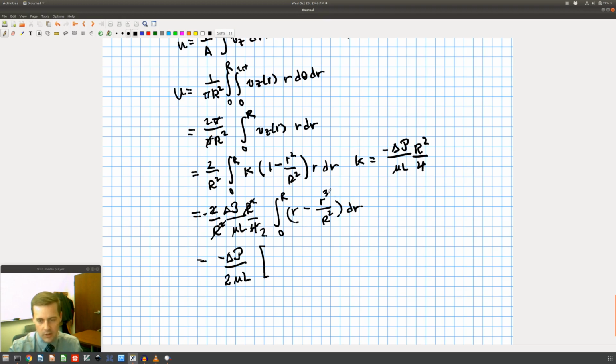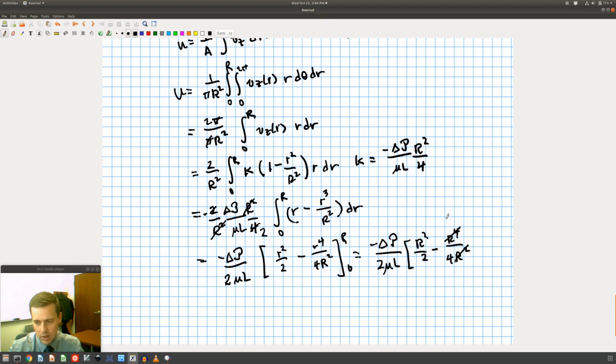And then let's see, even I can do polynomial integrals. That will give me r squared over 2 minus, this will be r to the 4th over 4 big R squared. And I'm going to do that from R to 0. The zeros are going to be easy. That'll just be 0. So I'm going to end up with minus dynamic delta p divided by 2 mu L. And I'll have big R squared over 2 minus big R to the 4th divided by 4 big R squared.